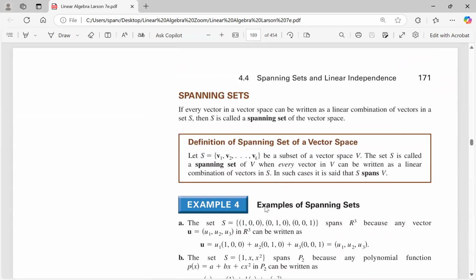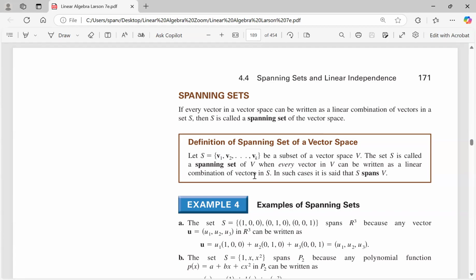We did define spanning sets. So remember, this vector space V is a space with a whole bunch of vectors in it. If you look at a subset of those, v1 through vk, then we call that a spanning set.